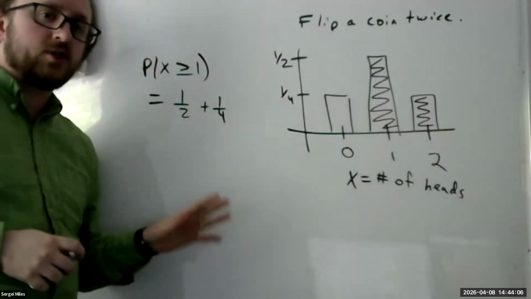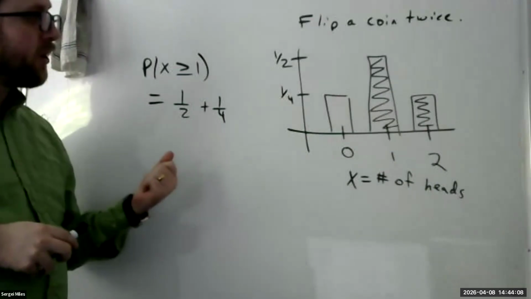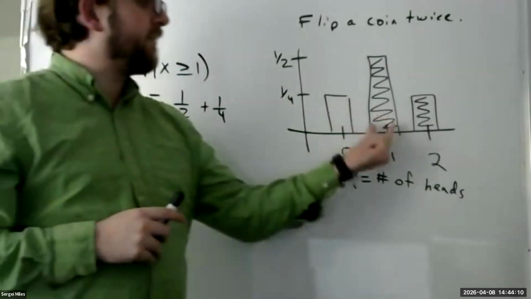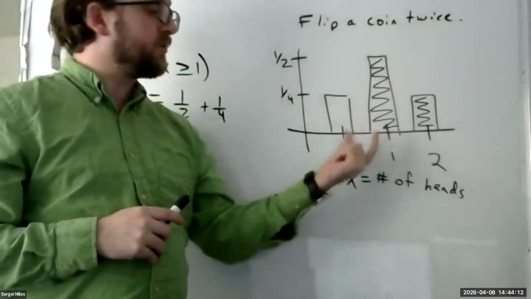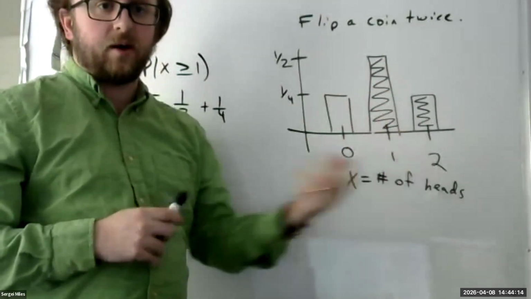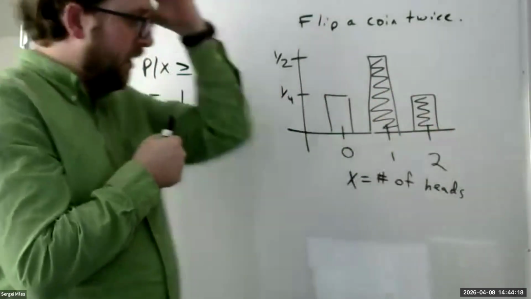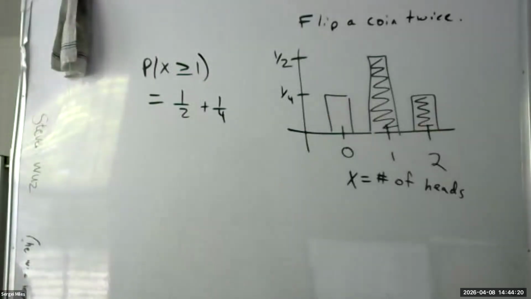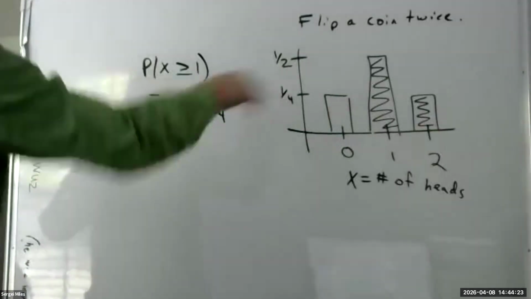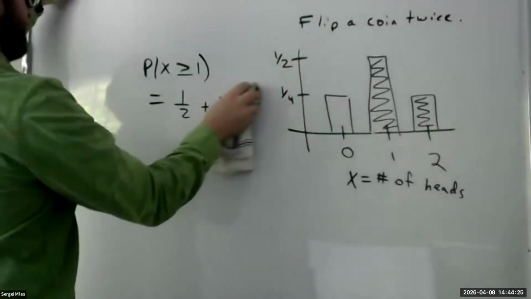We have a similar notion with continuous random variables, where the difference is that I don't have these individual columns or bars that we can add up, and instead I have a continuous range of possible results. So consider this kind of example, and I'll leave this up for a moment just for reference.